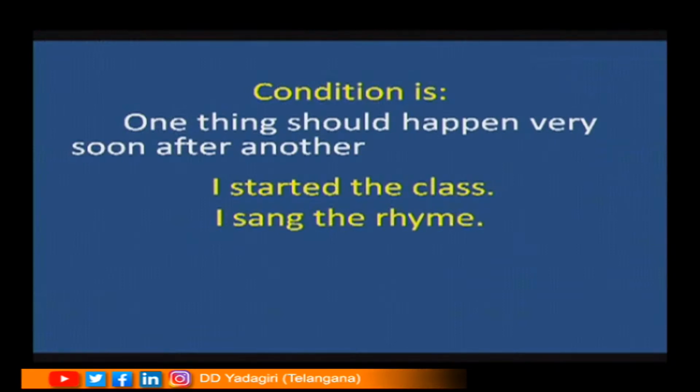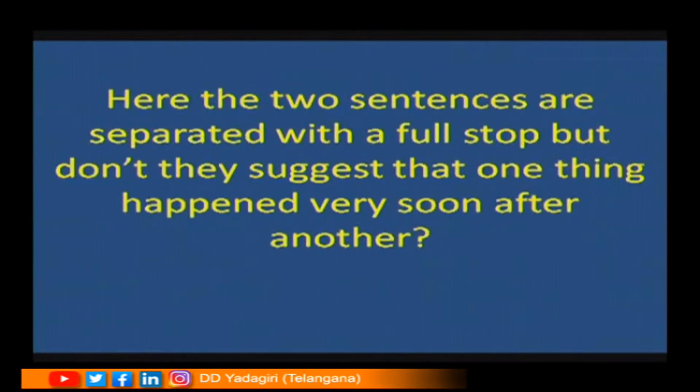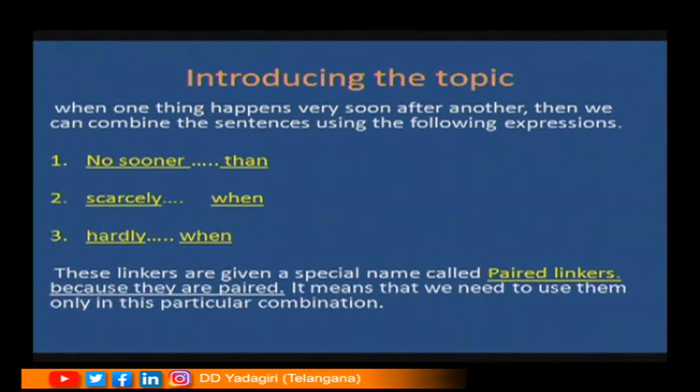I started the class. I sang the rhyme. Here, the two sentences are separated with a full stop. But don't they suggest that one thing happened very soon after another? When one thing happens very soon after another, then we can combine the sentences using the following expressions. 1. No sooner than. 2.